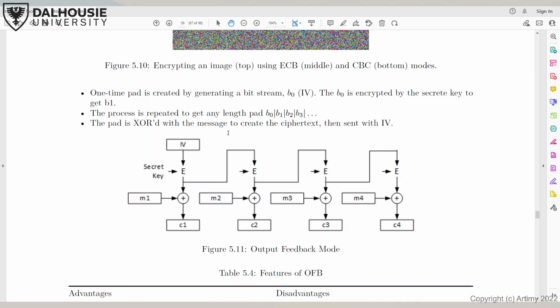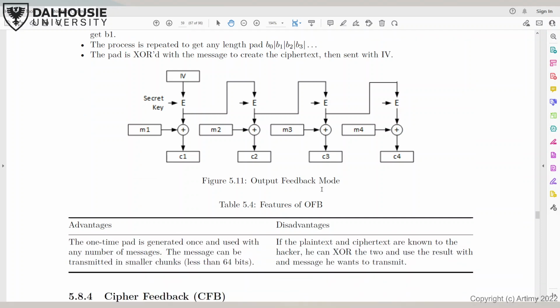That saves a lot of time, since encryption is a CPU intensive process, right? And sometimes they do it even with special hardware. So if we can manage to do that once and save the one-time pad, and then every encryption would be just performed by the XOR operation, that's great, right? So that saves us a lot of time. That's the advantage.